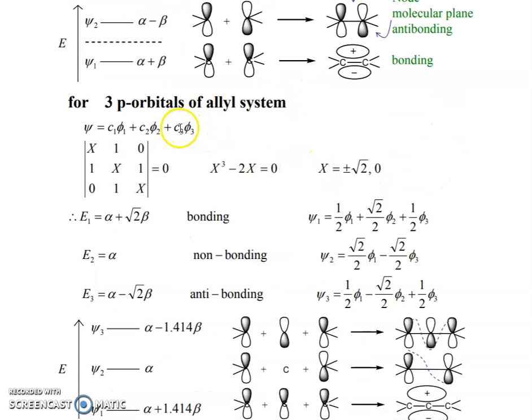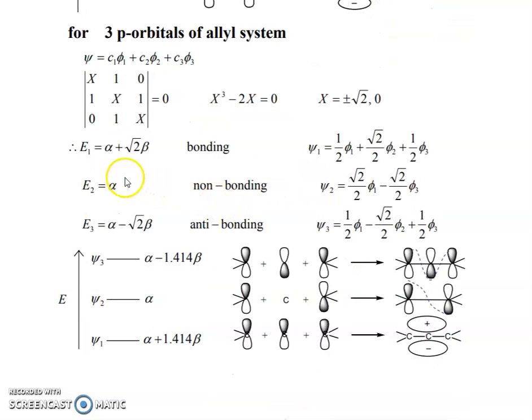For 3p orbitals of the allyl system, again you have to set psi is equal to psi 1 phi 1, psi 2 phi 2, psi 3 phi 3. Then you have to write this from this: x cube minus 2x is equal to 0. So E1 is alpha plus 2 beta, bonding; E2 is alpha; and E3 is alpha minus 2 beta, anti-bonding.